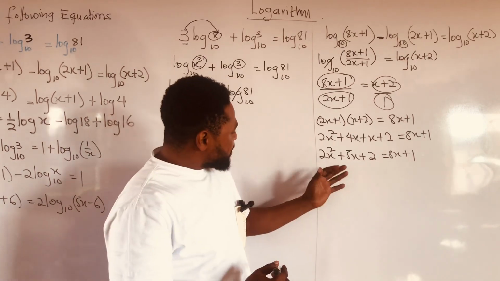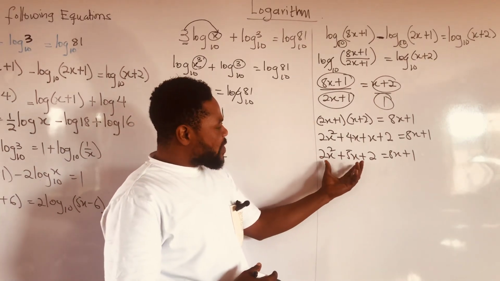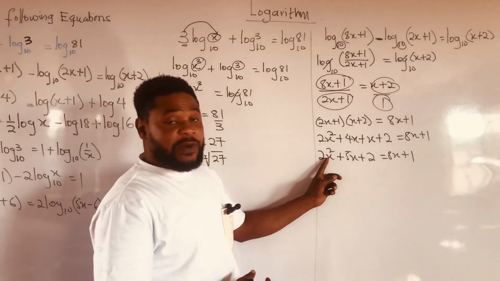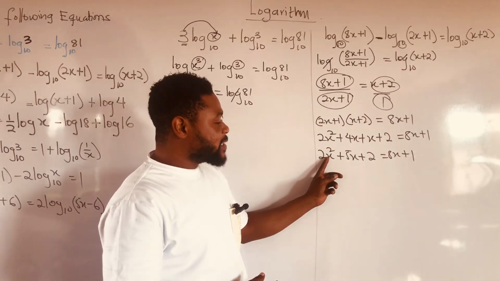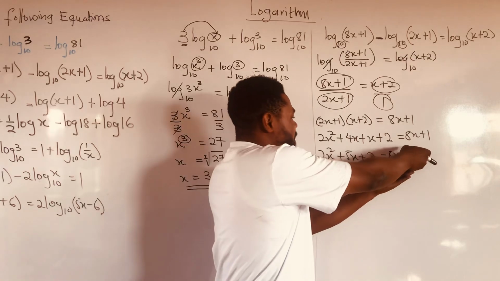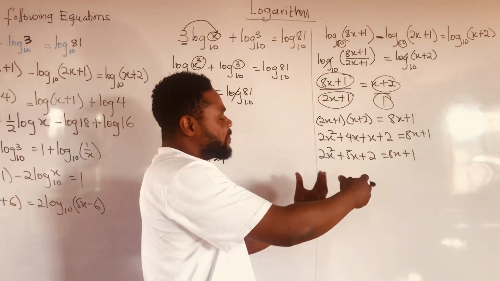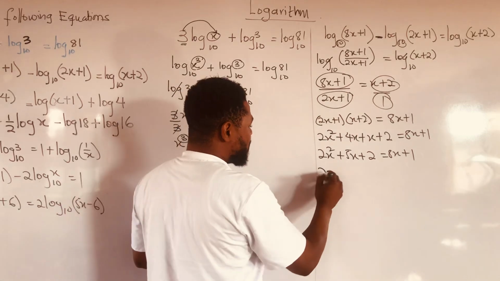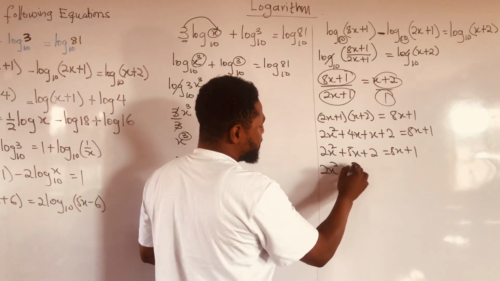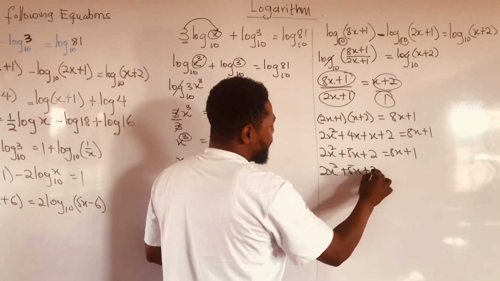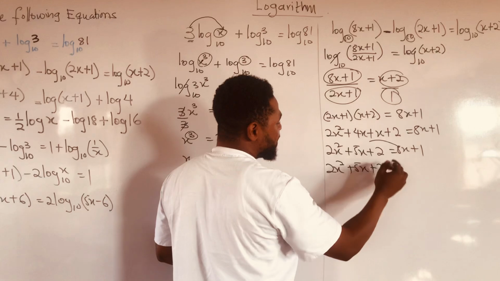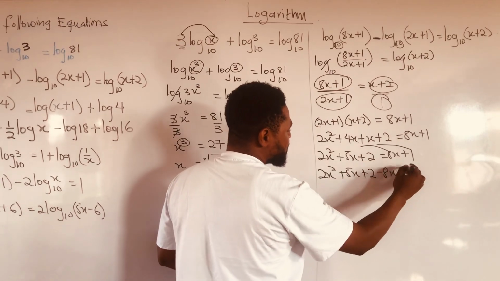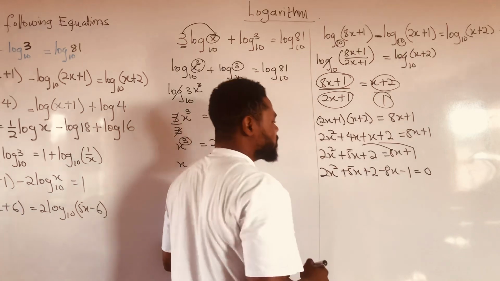Now, there is an emergence of a quadratic equation here because our highest power of the variable here is 2. So what are we going to do? We send all numbers with variables to one side and equate it to 0. Therefore, I have 2x squared plus 5x plus 2. This will come here minus 8x. This will also cross minus 1 equal to 0.